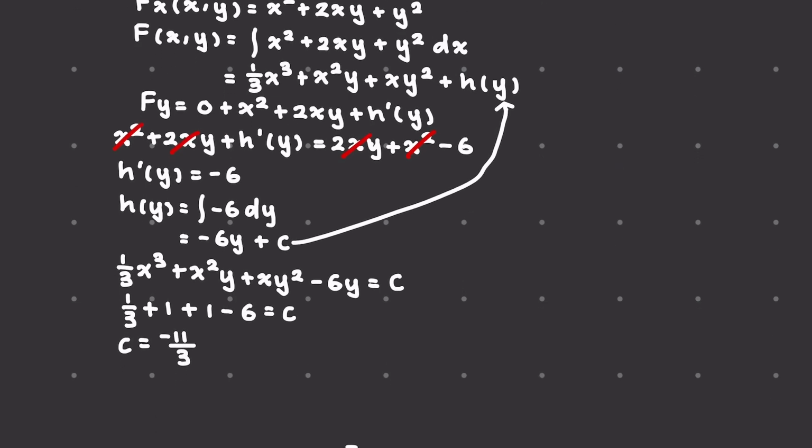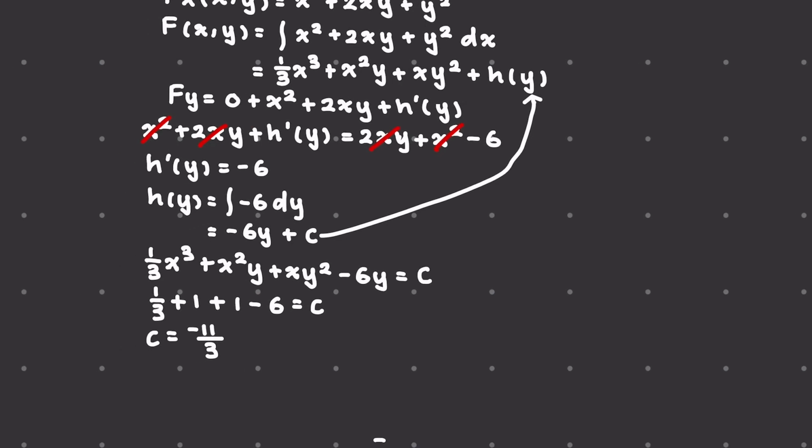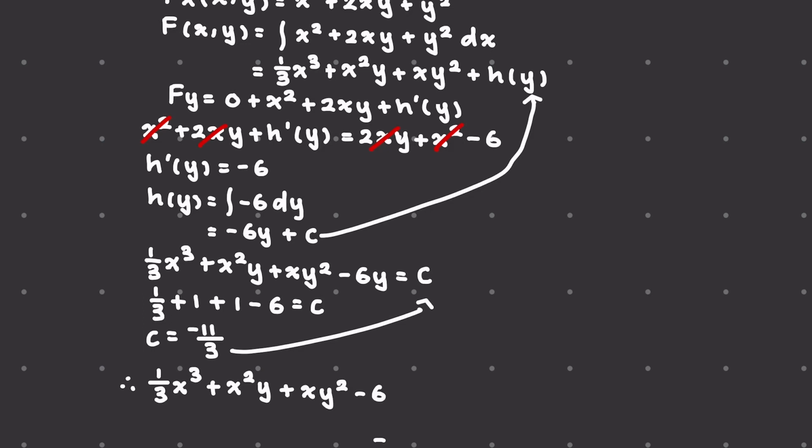And after we've got the c value here, or the constant here, let's just plug it back here. And this will give us our final solution, which is 1 over 3 x to the third power plus x squared times y plus x times y squared minus 6y equals negative 11 over 3, which is our constant that we found after plugging in the initial value condition.